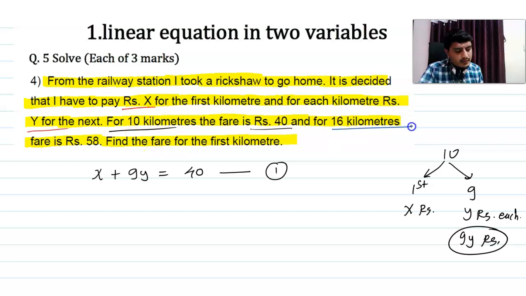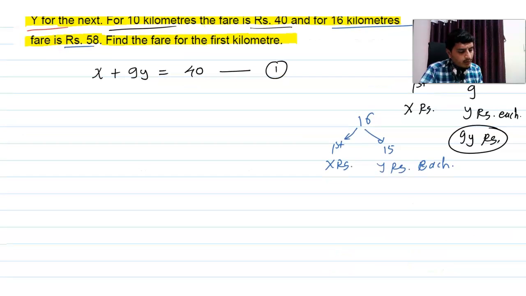Now, for 16 kilometers the fare is rupees 58. Among 16 kilometers, for the first kilometer we again pay x rupees, and for the remaining 15 kilometers, for each kilometer we pay y rupees. That means for 15 kilometers we pay in total 15y rupees.